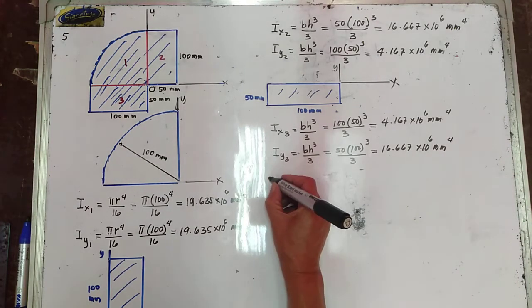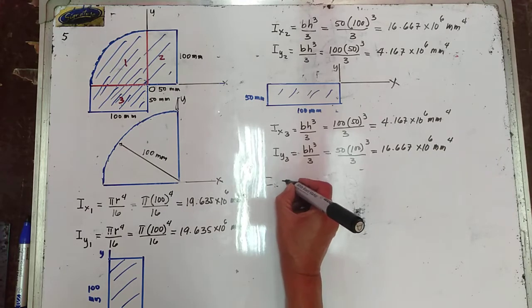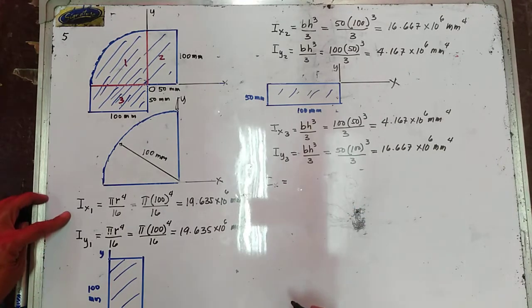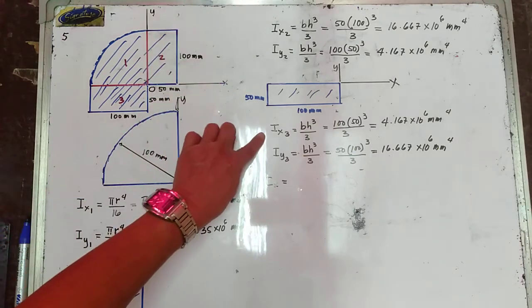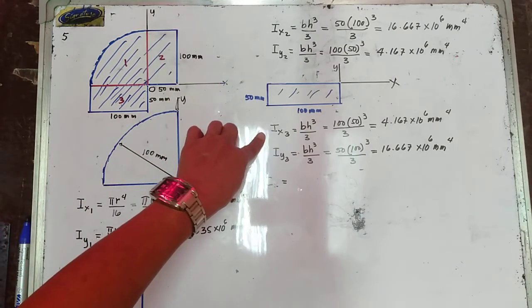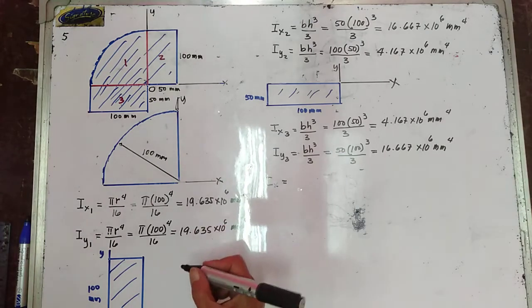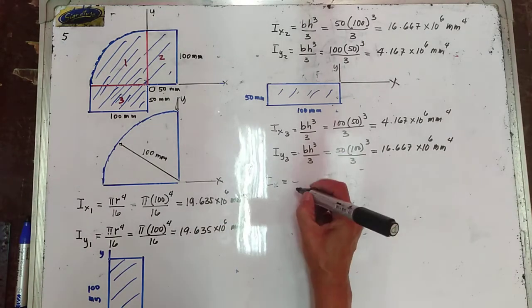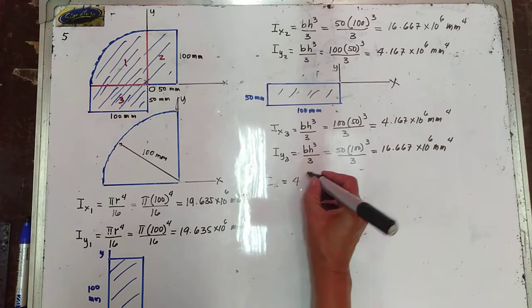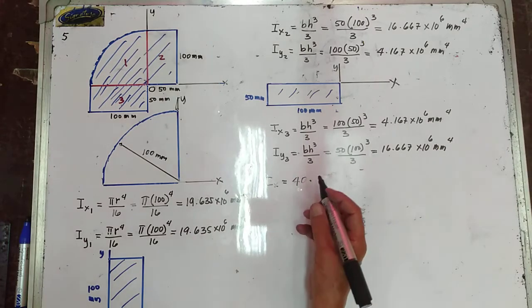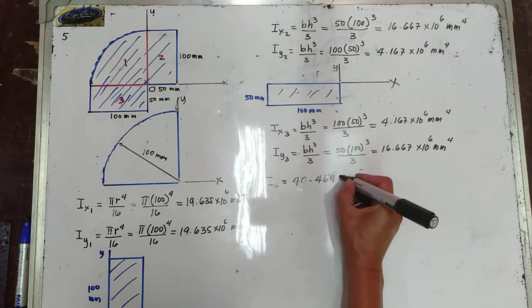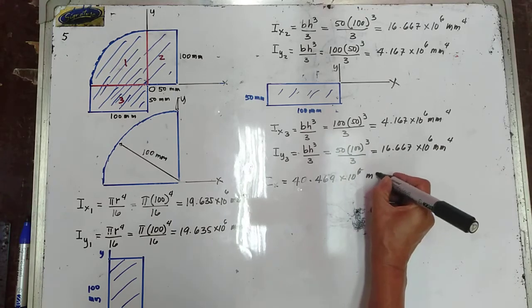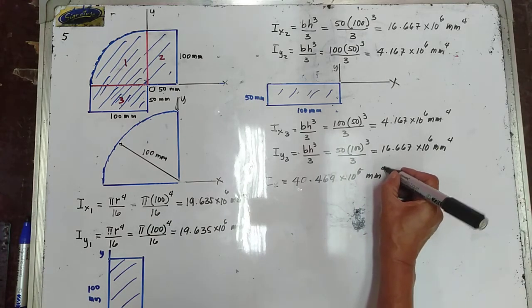Now, so that your Ix is now equal to Ix1, 19.635 times 10 to the 6 plus 16.667 times 10 to the 6 plus 4.167 times 10 to the 6. And this is equal to 40.469 times 10 to the 6 millimeter raised to the 4th.